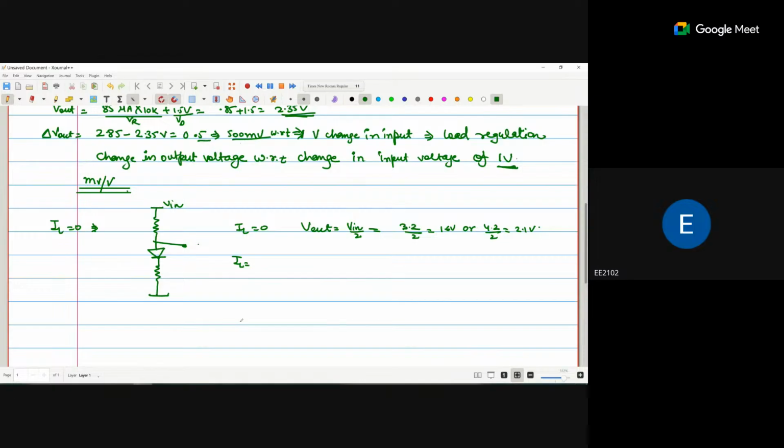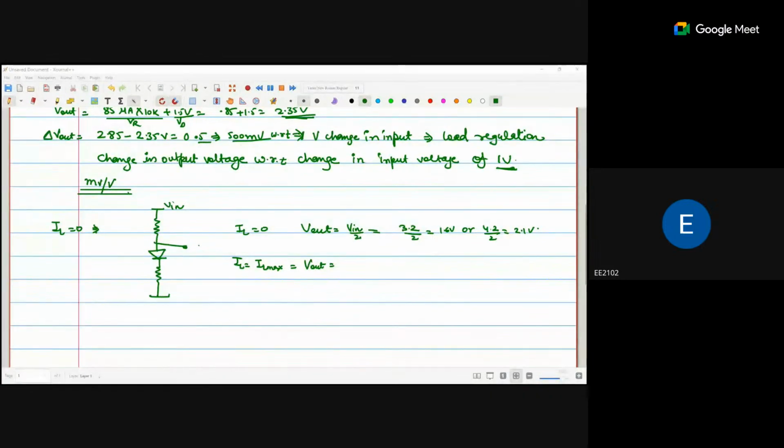And when IL is IL max, then V out is... So we make a Thevenin equivalent of the same circuit, but in that case the load current is not given.